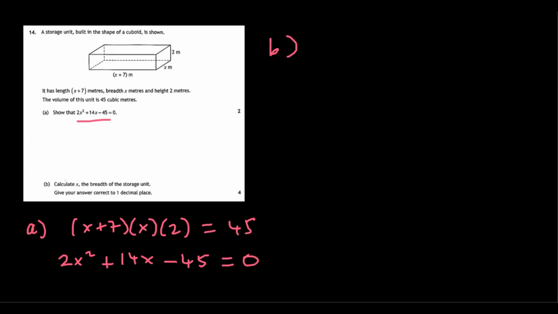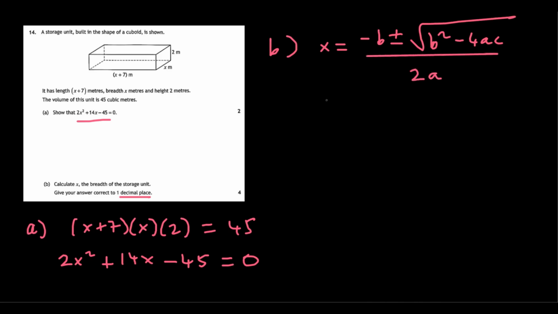And then part B says calculate x, the breadth of the storage unit. Give your answer correct to 1 decimal place. So whenever it says give your answer correct to, and then it's got some kind of approximation, that means that you have to use the quadratic formula. So the formula is x equals minus b plus or minus root b squared minus 4ac over 2a.